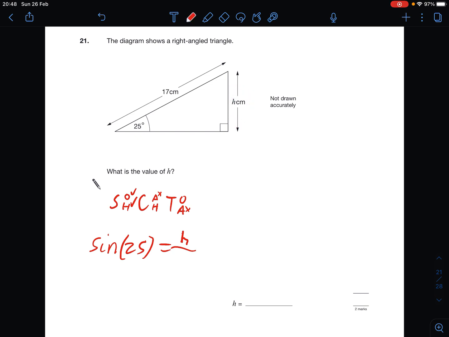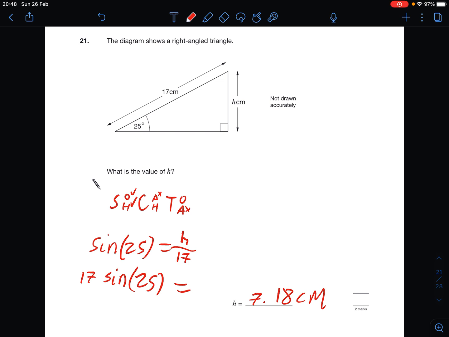It's annoying that we use the same letter for height and hypotenuse, but what can you do? Divided by 17. So in my calculator I'm going to type 17 times sine of 25, and that gets me 7.18 centimeters.